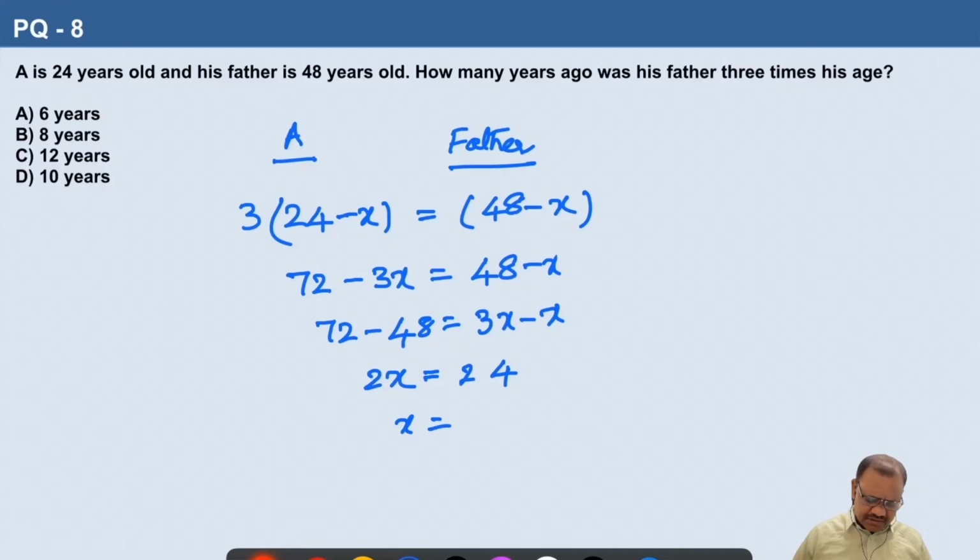X is equal to 12. So 12 years ago, father was 3 times of A's age. So answer is 12 years. Correct answer is option C.